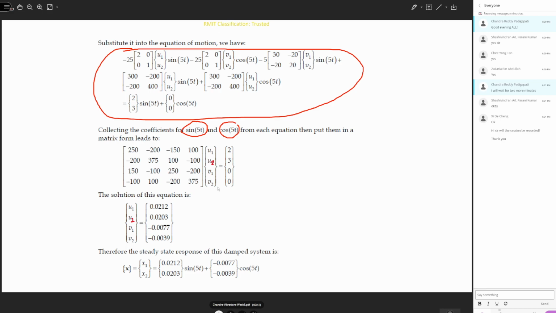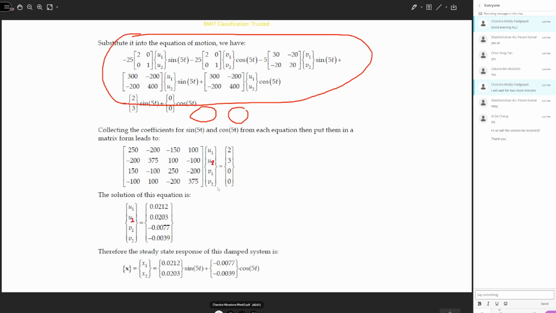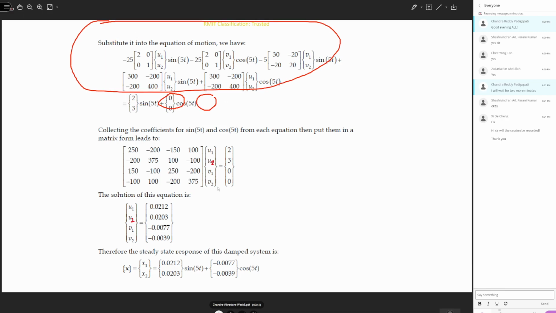Then you can write it as a 4 by 4 determinant like this matrix. If you solve this, you will be able to get the 4 unknown variables, u1, u2, v1, v2. Then substitute back in the response equation. That will give you the steady state response for the damped and forced system.